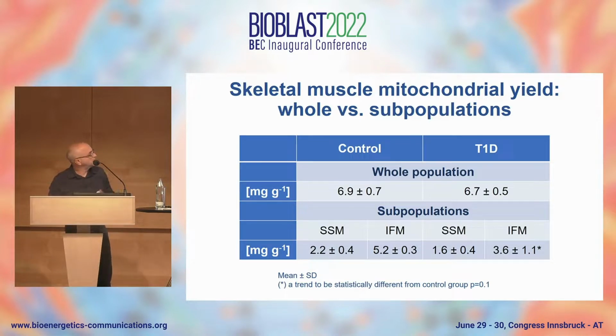If you look at the yields of the subpopulation in the control group, the sum of them, so SSM and IFM, are still quite similar to the values that we observe for the whole population. In contrast, when we look at the yields for SSM and IFM in diabetic rats, there is a trend to be lower in the IFM of the diabetic rats in comparison to the control.